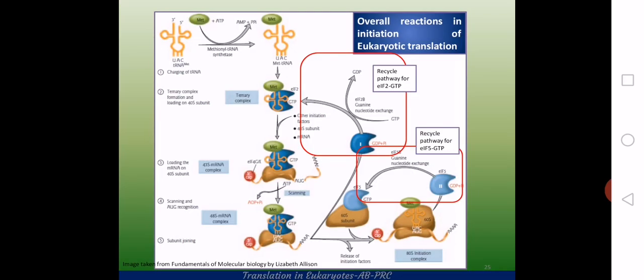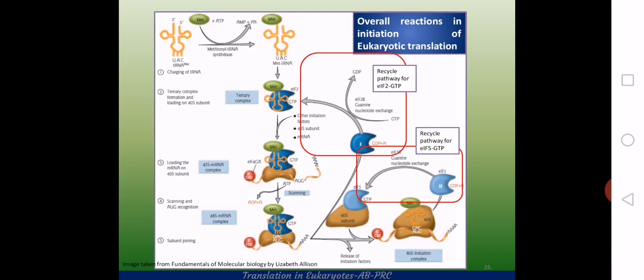and this shows the overall mechanism of translation initiation in eukaryotes. You can see the entire events. In the beginning you can see the tRNA combined with amino acid, then ternary complex formation followed by the 43S mRNA complex formation by attaching to the 40S subunit.